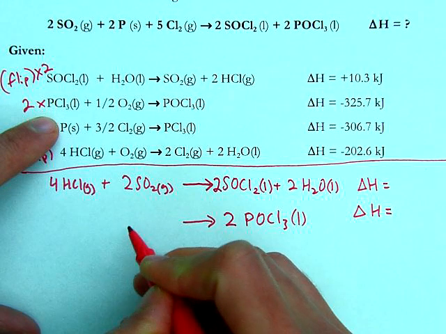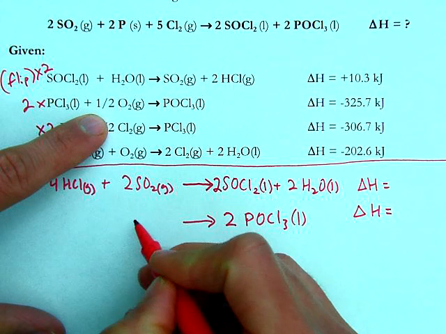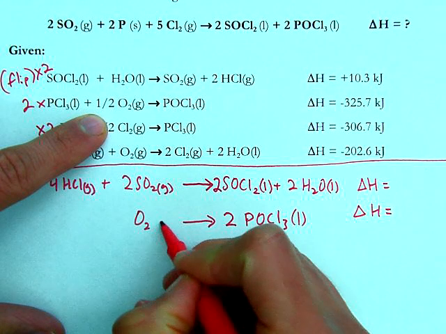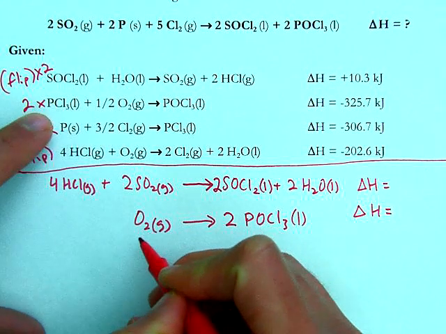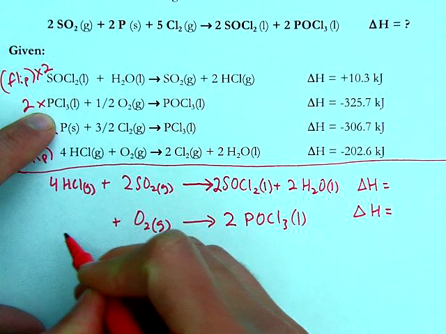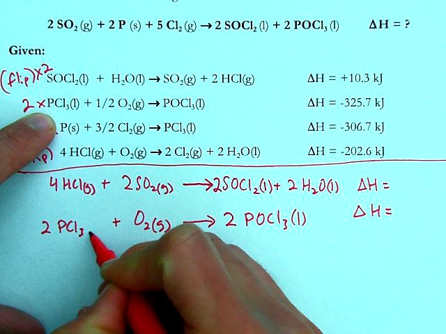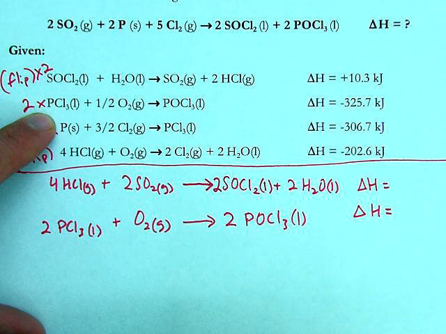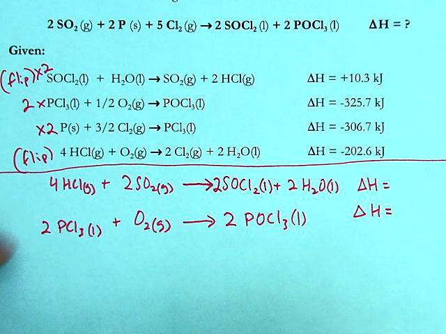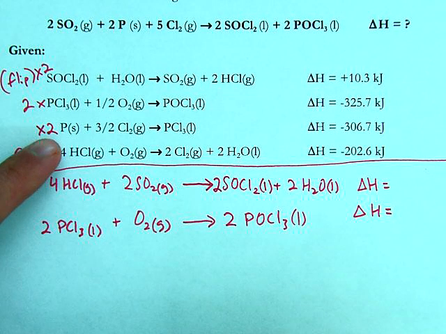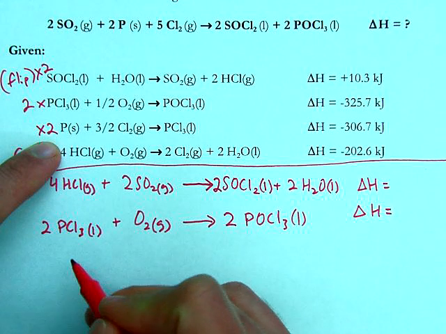And on the left side, if I take a half times 2, that just gives me a single oxygen. And this times 2 is going to give me 2 PCl3s. Okay, again, I'm timesing this one by 2 as well.